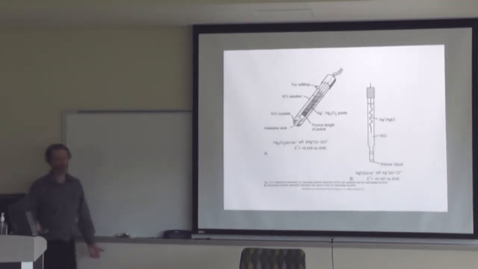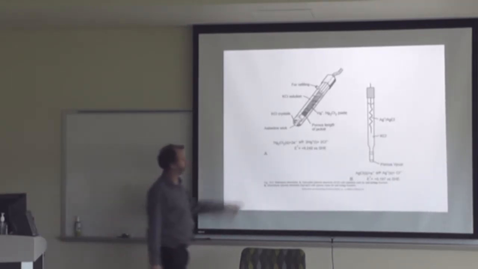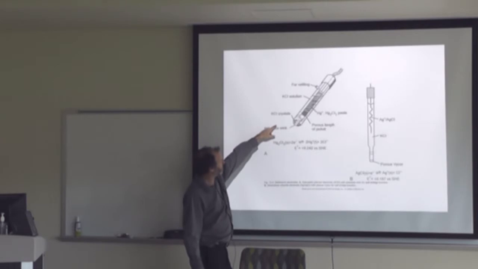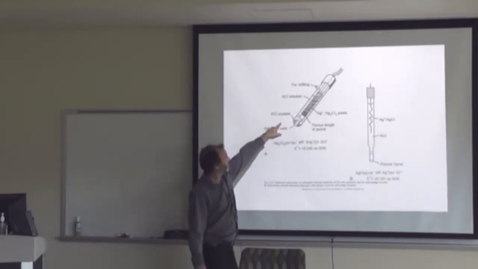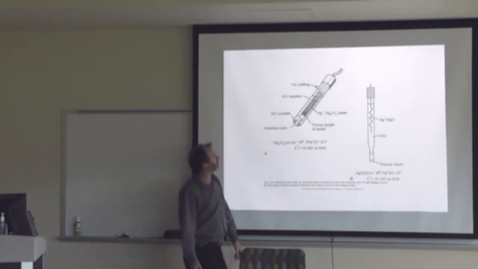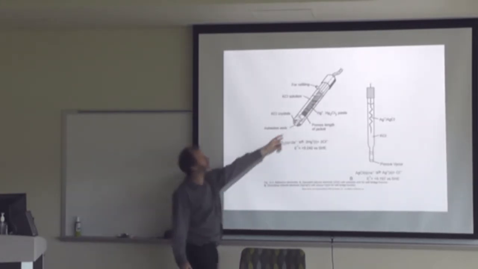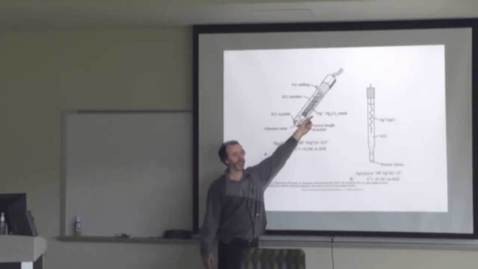And this is what they look like. This is the saturated calomel electrode, where you have these potassium chloride crystals. That's what keeps the potassium chloride solution saturated.